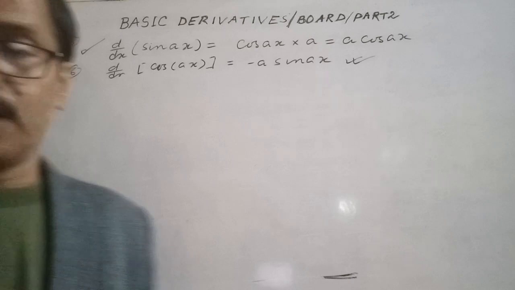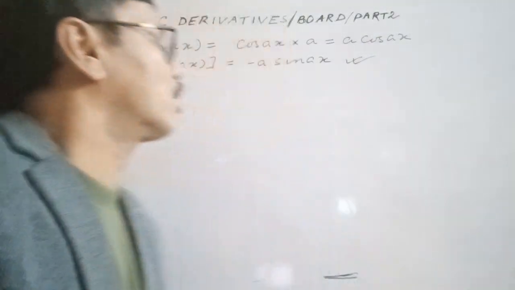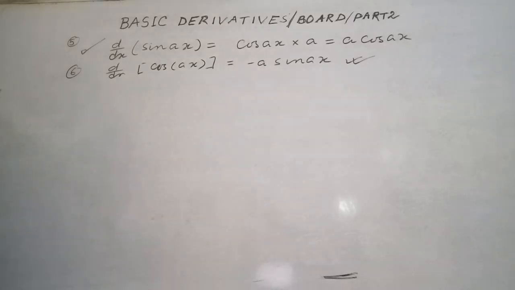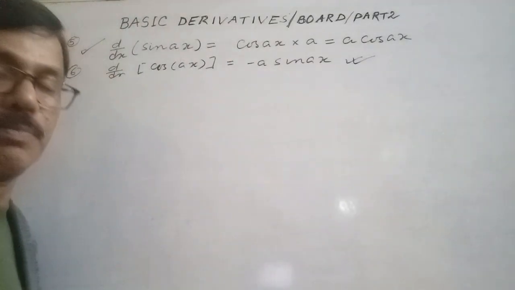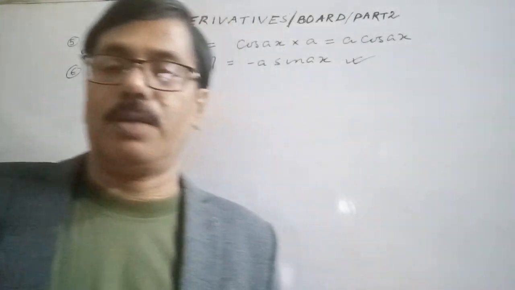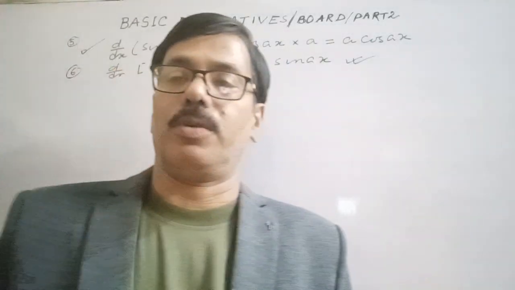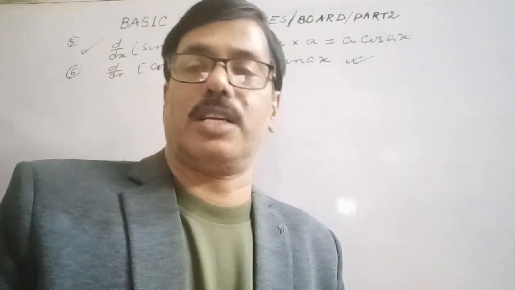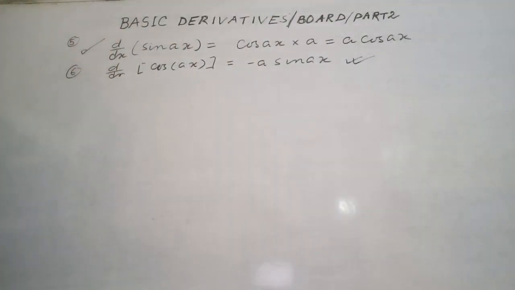You remember, if trigonometric function starting with c, its derivative will be negative. Derivative of cos is negative, derivative of cot x is negative, derivative of cosec x is also negative.